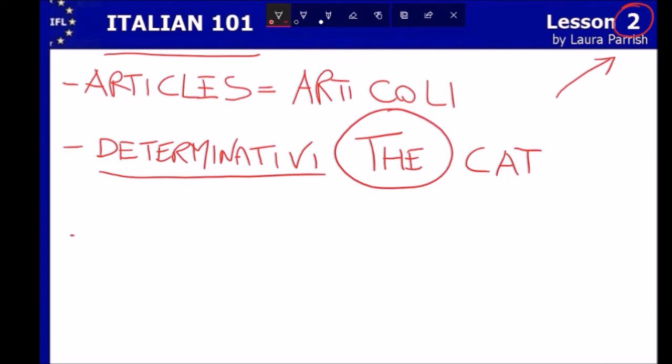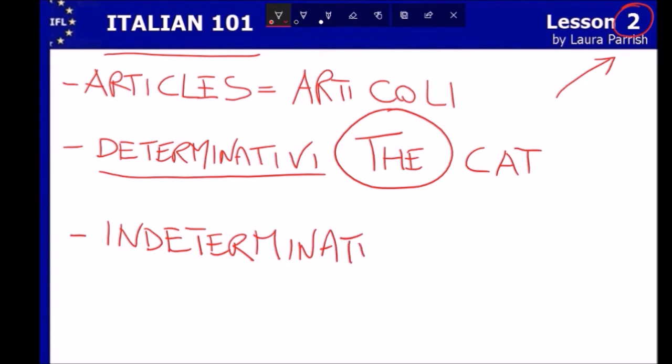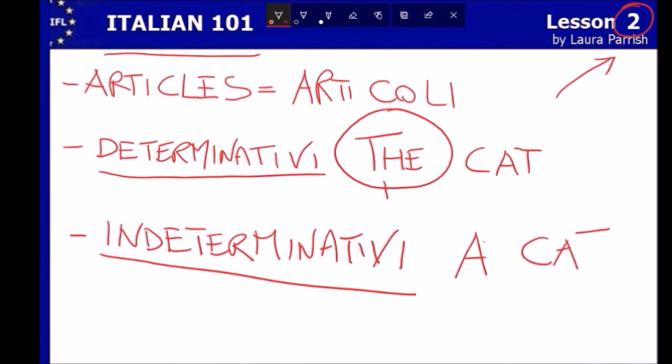And then we have the indeterminative articles, indeterminativi. So we have the articoli determinativi, that is the, e articoli indeterminativi, that in English is a cat. You see, it's the same in English. You have two kinds of articles, determinative and indeterminative. We're going to study the determinative, this one, and then the second one.